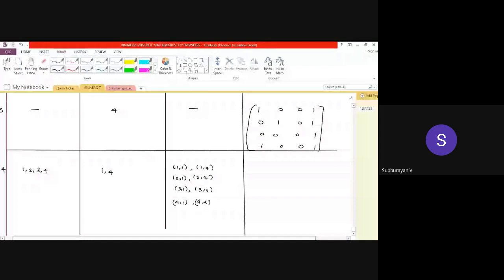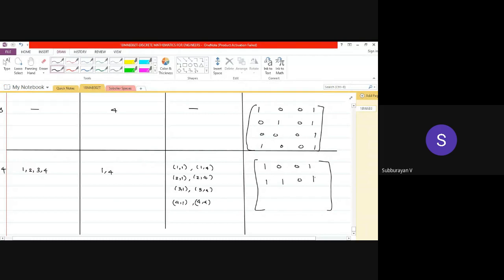(1,1) is already 1, and (1,4) is already 1, so this is 1, 0, 0, 1. Then (2,1): it is 0, but in the new step we have to make it 1, so this is 1, 1, 0, 1. (3,1) is 0, but in the new position it is 1, so put 1, 0, 0, and (3,4) is already 1. (4,1) is already 1 and (4,4) is already 1.